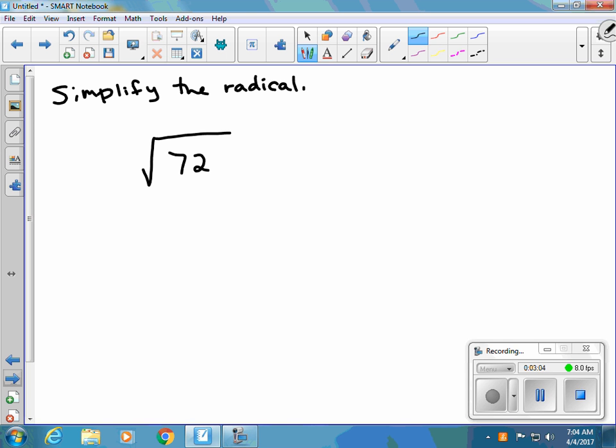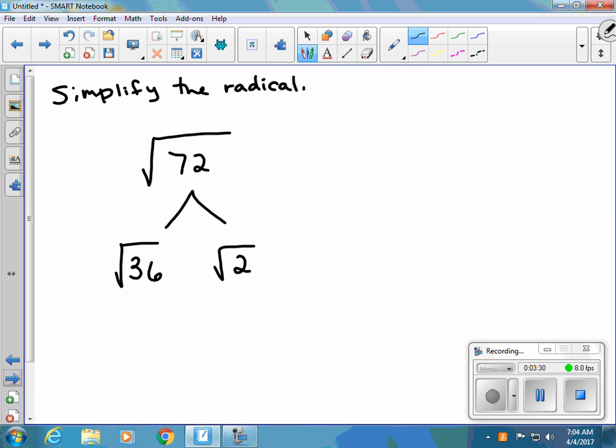Okay, so what I'm going to do is I'm going to be looking for a perfect square that goes into 72. So what that means is I'm looking for a perfect square that when I take 72 divided by that perfect square, it actually comes out to an integer. So I'm going to break this down, in this case, into the square root of 36 and the square root of 2.